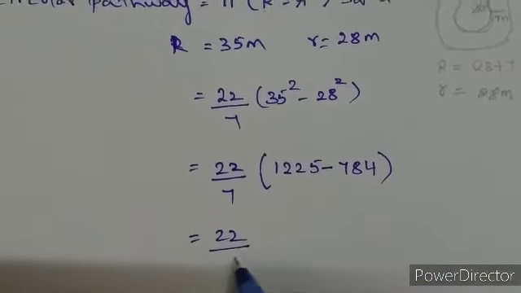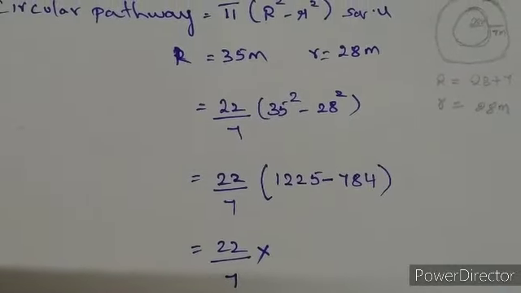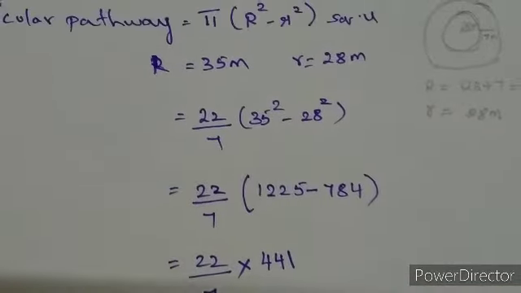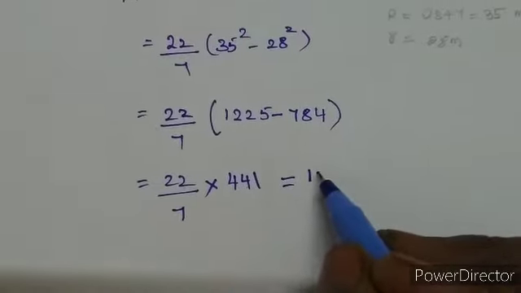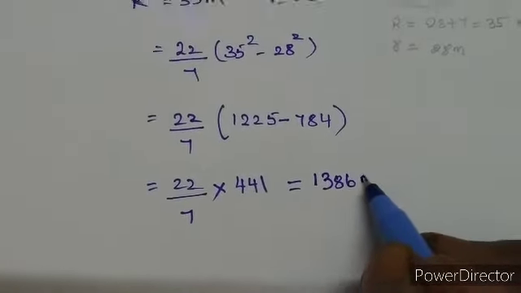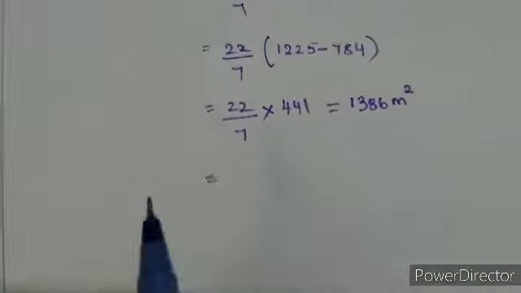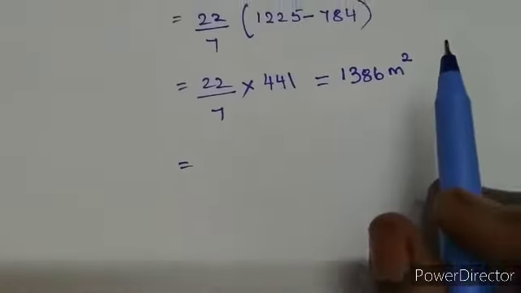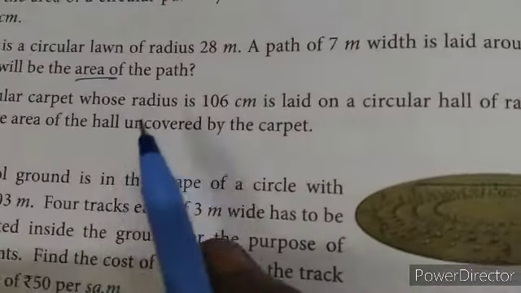So 22 by 7 into 1225 minus 784 is 441, and we can go for the cancellation. So if you cancel, you will get the answer as 1386 meter square. So the area of the given sum is 1386 meter square.